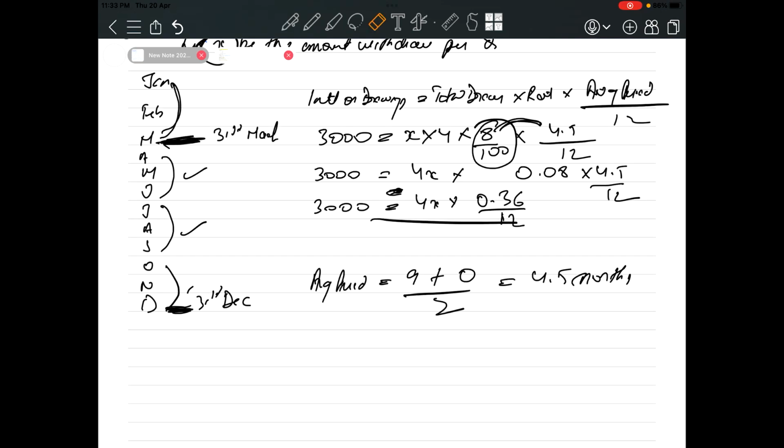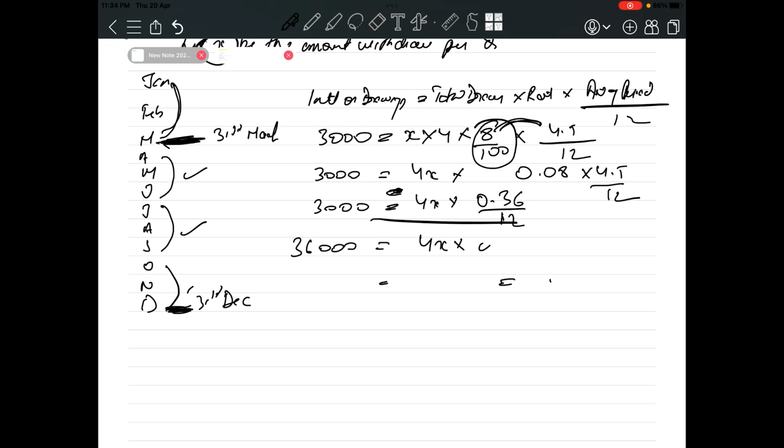Now we will multiply 3000 by 12. 3000 into 12 will be 36,000. So 36,000 is equal to 4x into 0.36. If you do 4 into 0.36, it will be 1.44x.